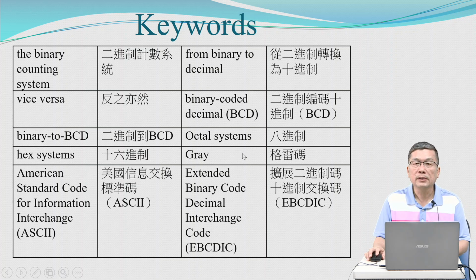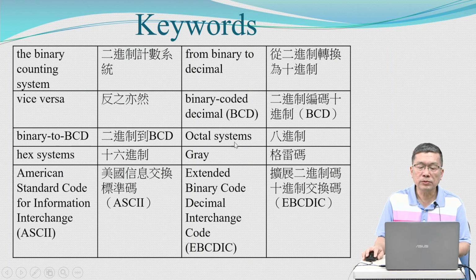The keywords: the binary counting system, from binary to decimal, vice versa, binary coded decimal, binary to BCD, octal systems, hex systems, Gray, American Standard Code for Information Interchange, ASCII, Extended Binary Coded Decimal Interchange Code, EBCDIC.